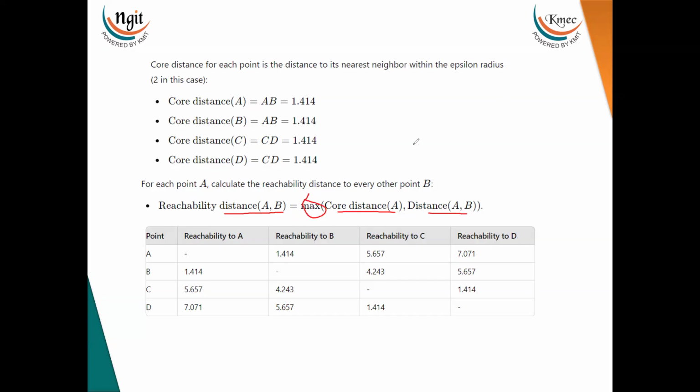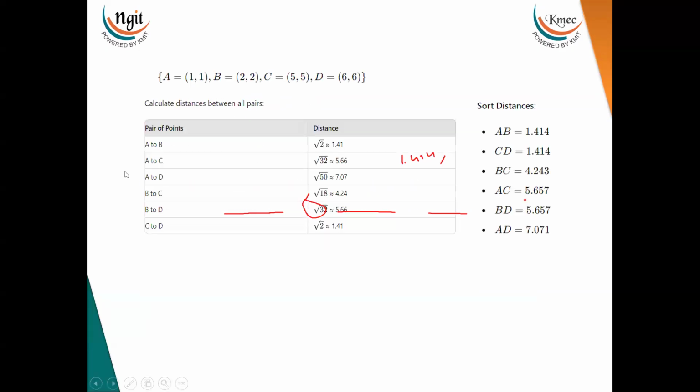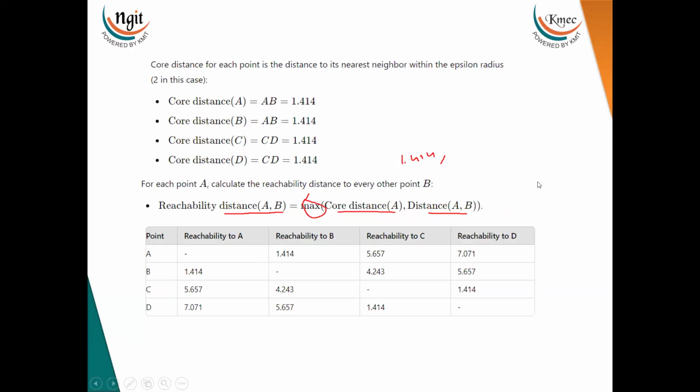Okay. So initially, suppose we want to find the reachability distance from A to B. What is the core distance of A? Here we can see it is 1.414. And what is the distance from A to B? We have already calculated it in the previous step. The distance from A to B is 1.414.